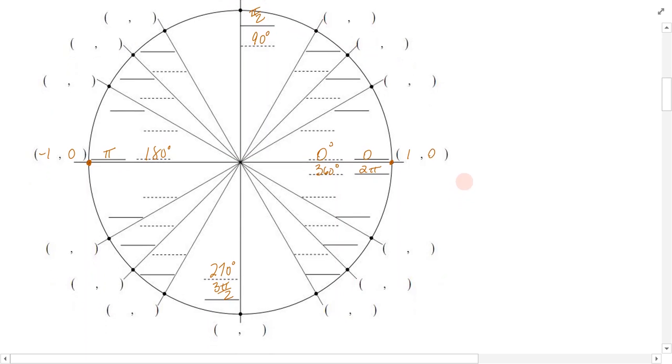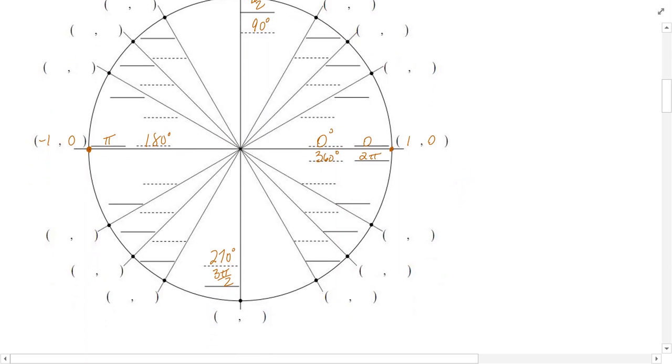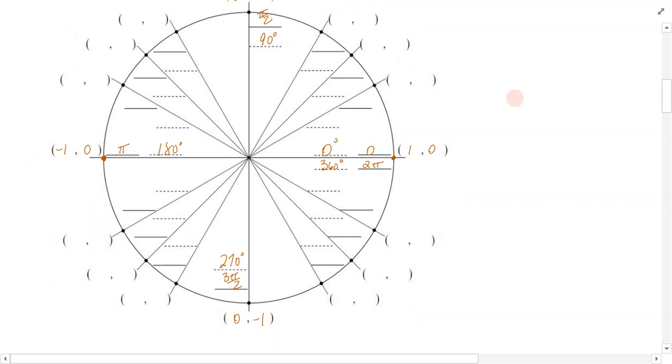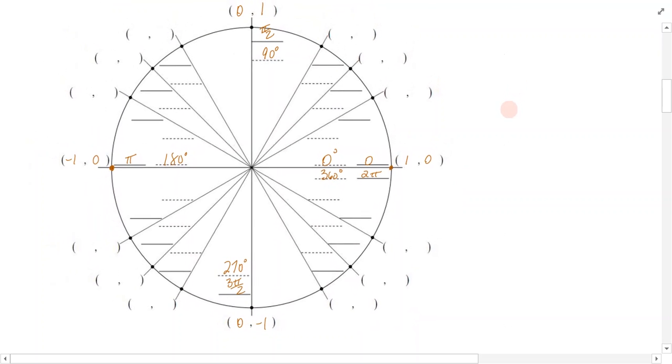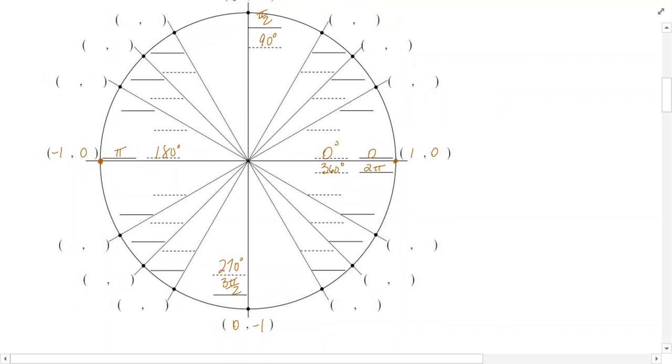Down here at 270, the point would be located at 0, -1. So here we have the beginnings of our unit circle, and we have the 5 quadrantal angles that we've discussed before.